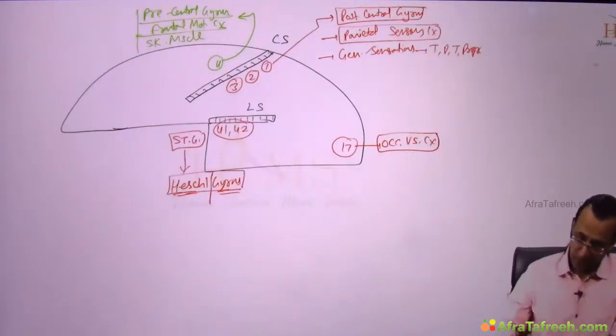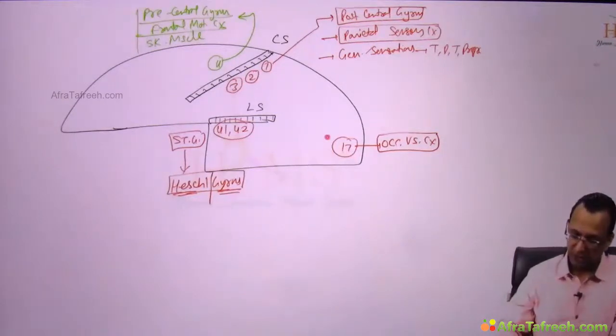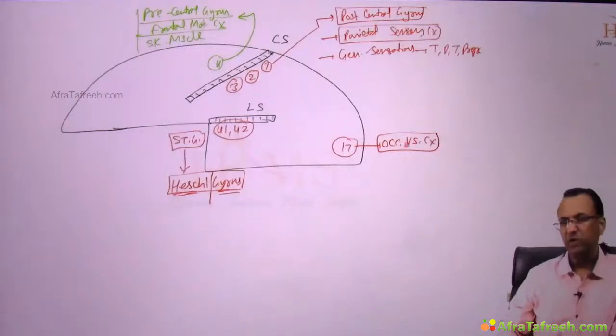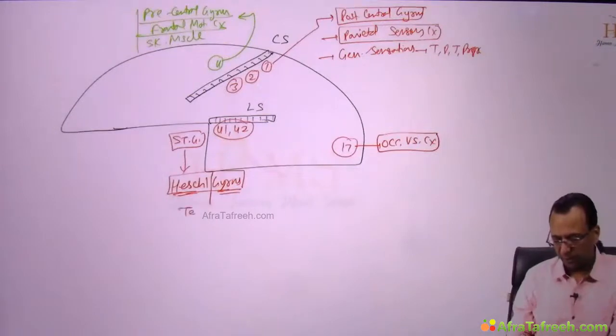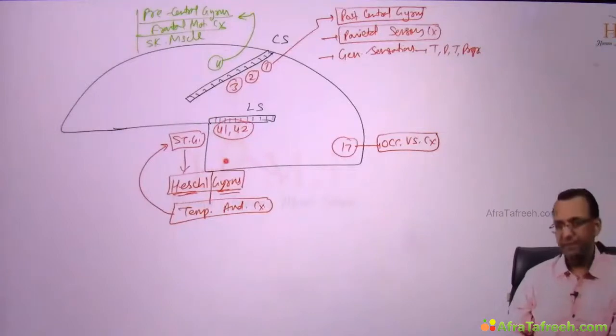Remember, if you're looking at something, that vision will come to area number 17, the occipital visual cortex. And if you're listening to somebody, then it will be the temporal auditory cortex. And where is the temporal auditory cortex? The temporal auditory cortex is actually the superior temporal gyrus. You mean to say there's a superior temporal gyrus, there is a middle and inferior also? Yes, actually there's superior, there's middle and inferior.